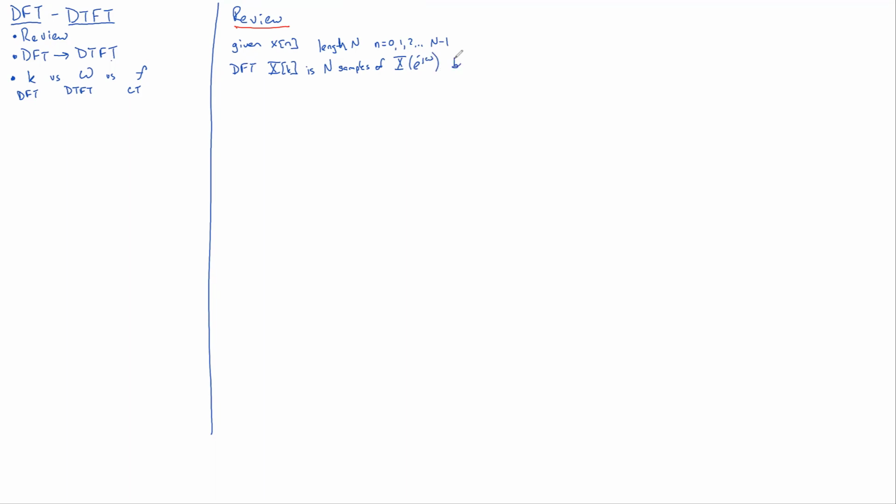And we're taking these samples of the DTFT between 0 and just barely under 2 pi, such that if we had one more sample, it would be at 2 pi. It's exactly n minus 1 over capital N, times 2 pi. So as n gets to be really big, you can see this goes to 1, and we really are going to almost exactly 2 pi.